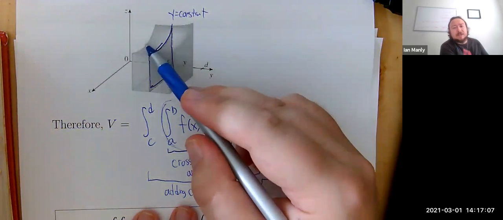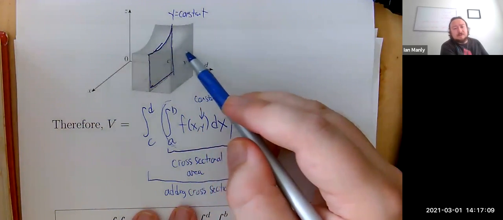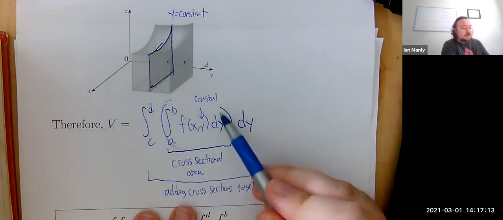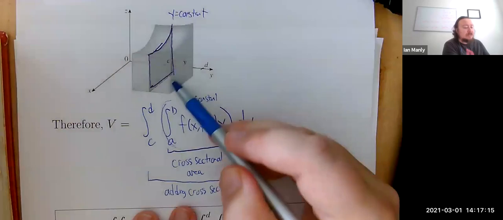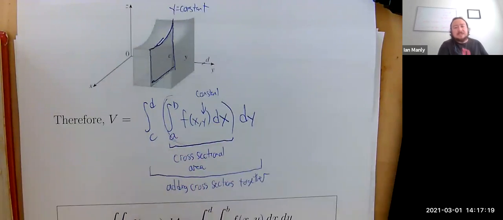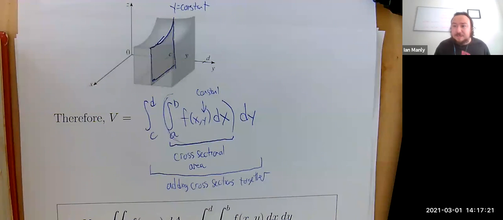What we're doing is adding together all of these slices when we do the integral with respect to y. So we do the integral with respect to x to build the cross sections, and then we do the integral with respect to y to add together all of those cross sections. Gotcha, thank you. No problem.